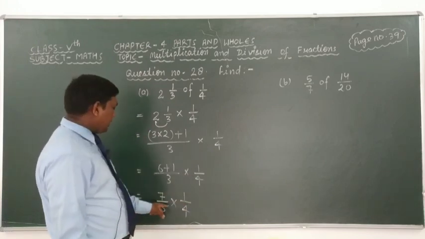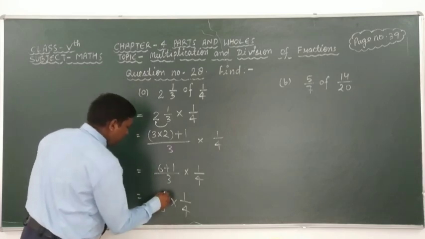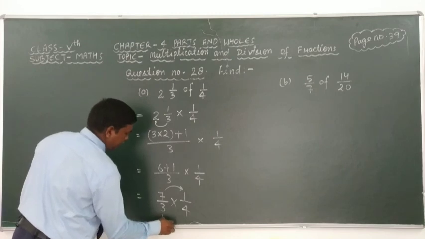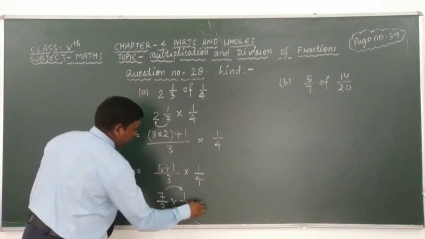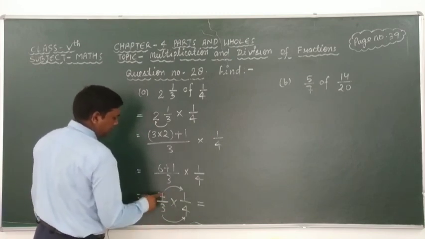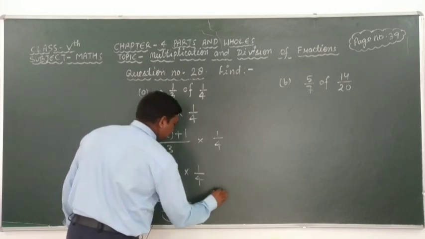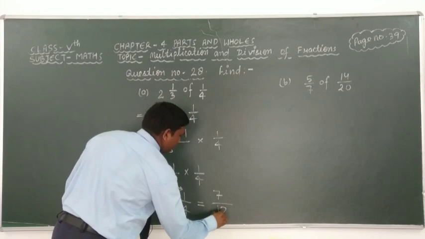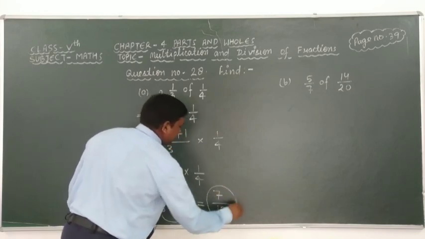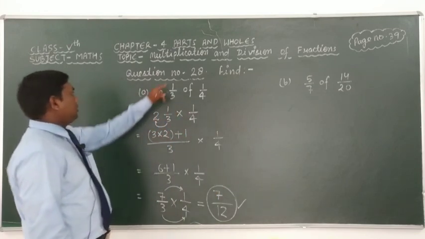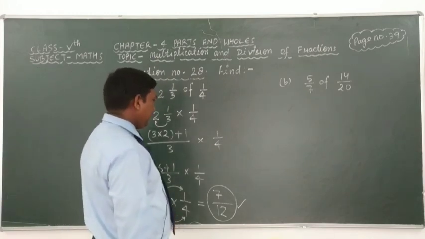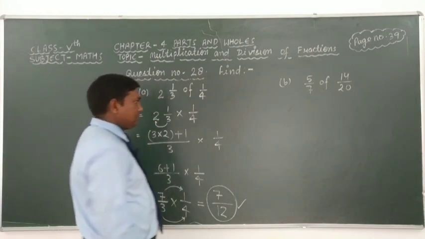Here we have to multiply numerator by numerator and denominator by denominator. We get 7 1s are 7 over 3 4s are 12. This is the answer of question number 28 of A. Similarly, we can solve all the given questions.